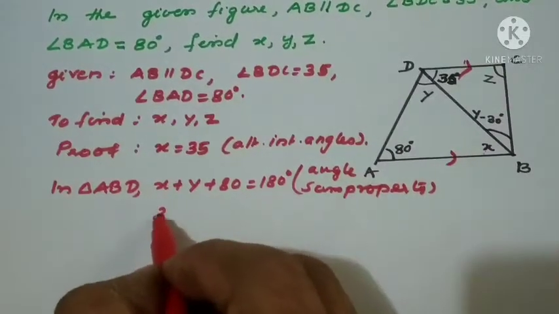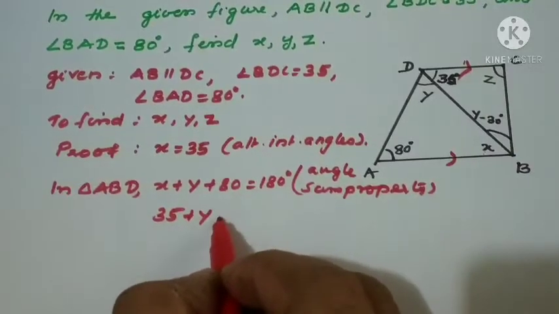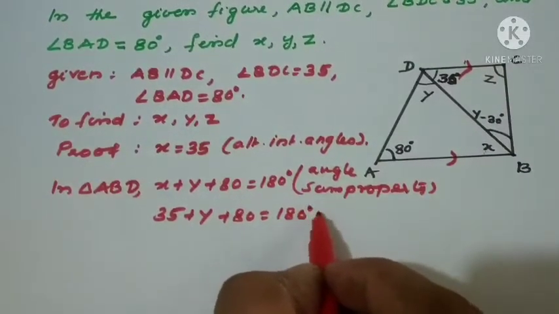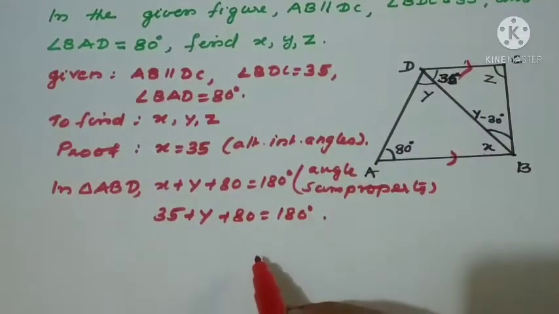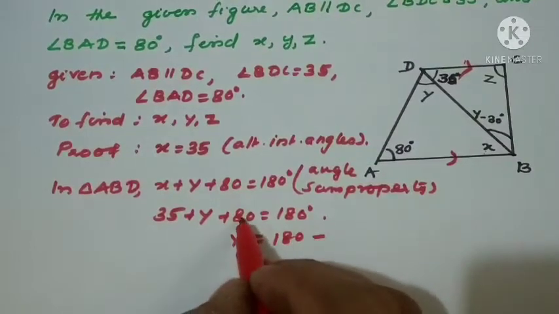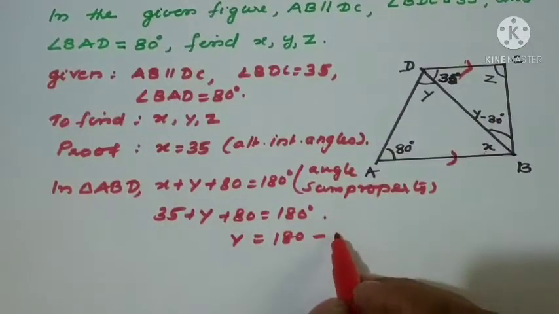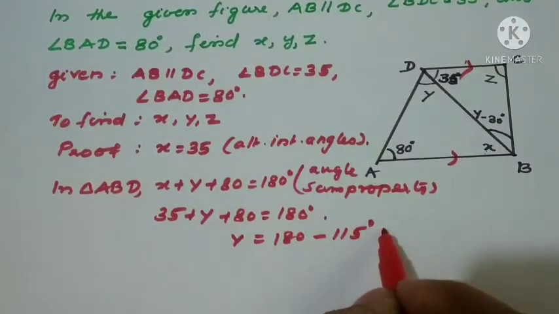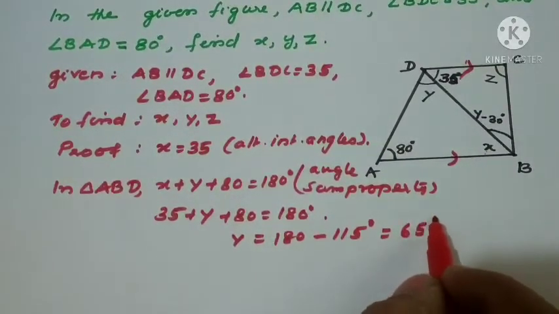X is 35, plus Y plus 80 equals 180. So Y equals 180 minus 115, because 80 plus 35 is 115 degrees. It is equal to 65 degrees.